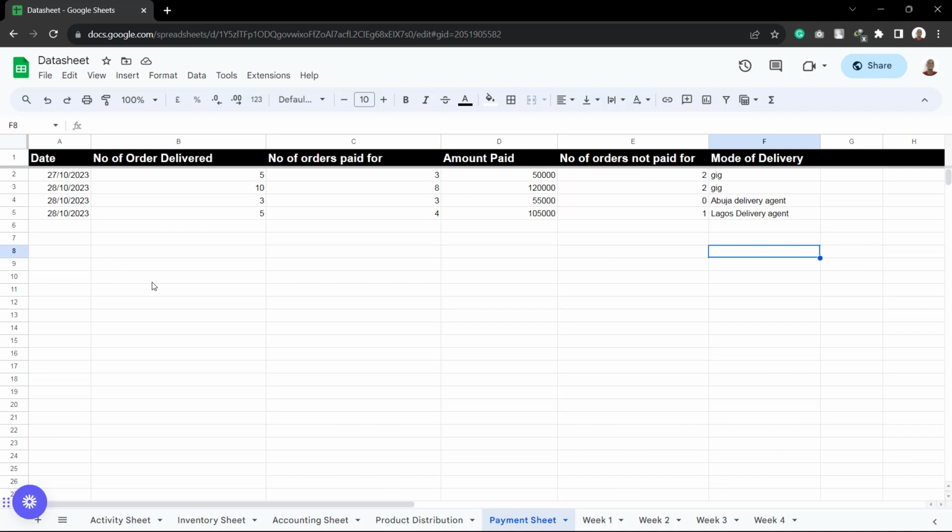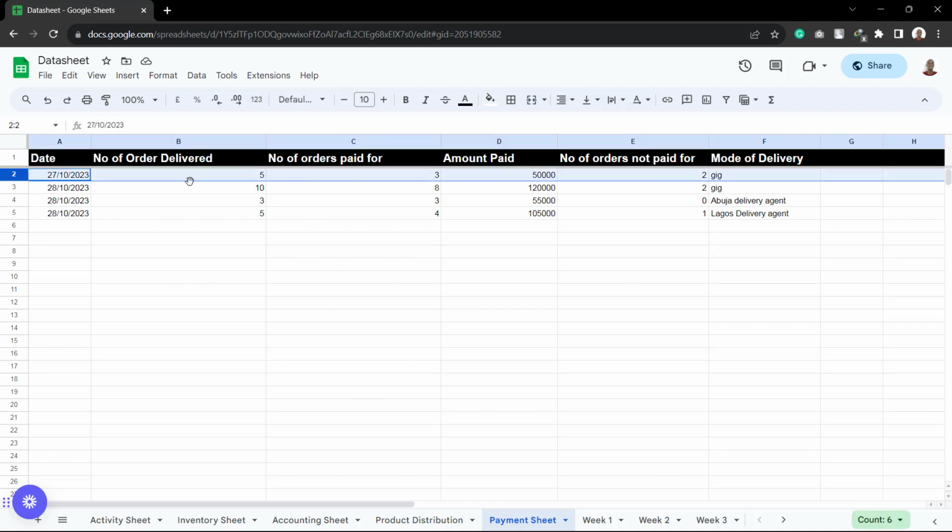It's basically for tracking what has been paid out of what for every delivery that we've sent out. So let's say out of this GIG batch, there were 5 delivered, they made payment for three, and two were left. Let's say today again, they made payment for one. We're going to go back to the date that it was delivered, and we're going to adjust the amount paid.